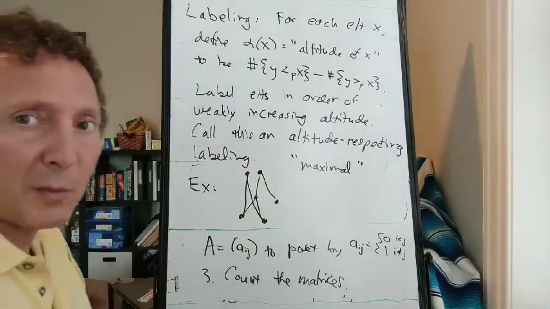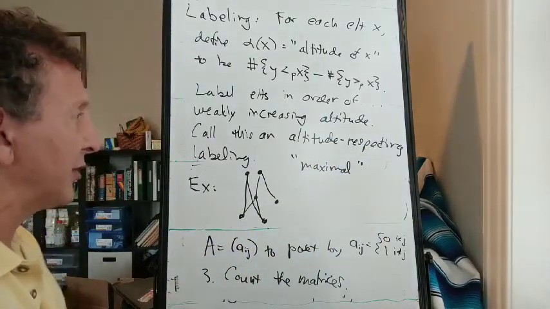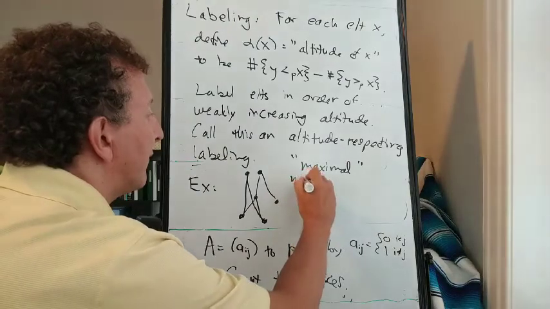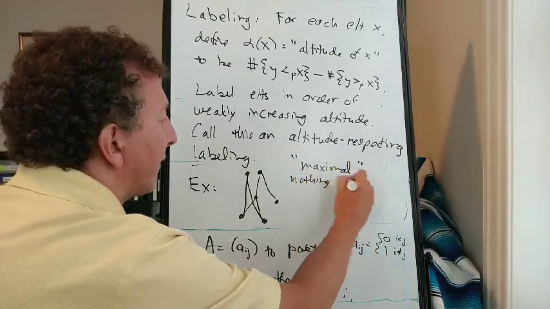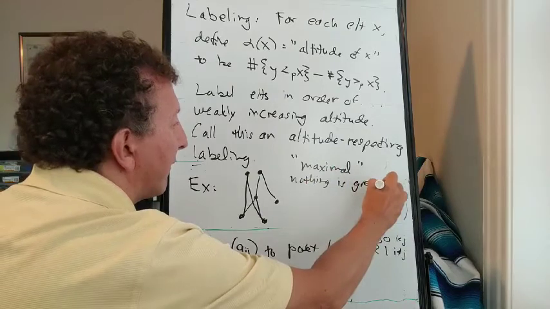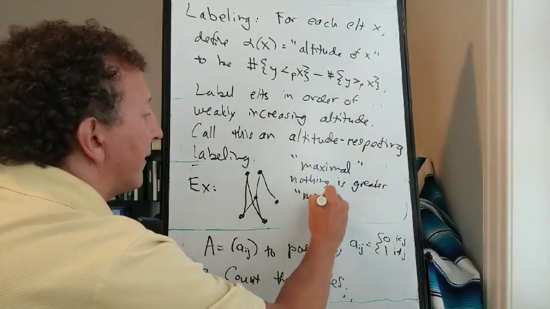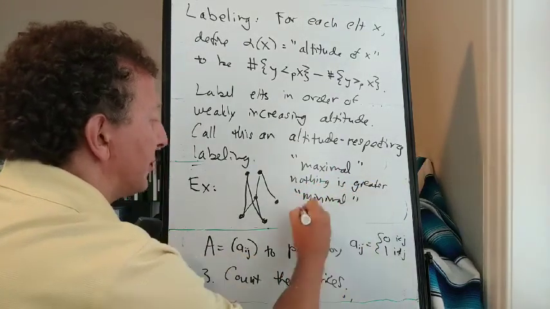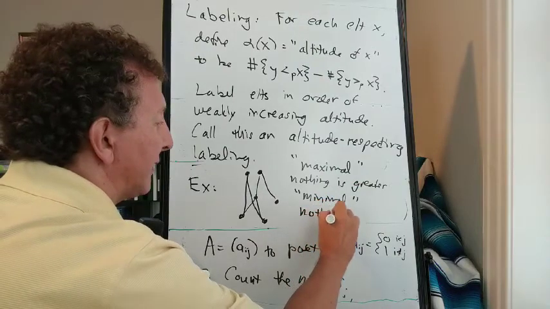By the way, a maximal element in a poset is an element that doesn't have anything else above it. And a minimal element in a poset is one that has nothing less than it.